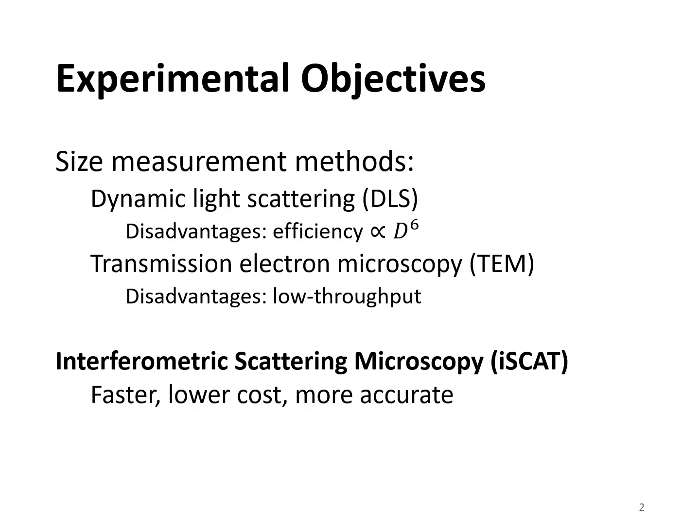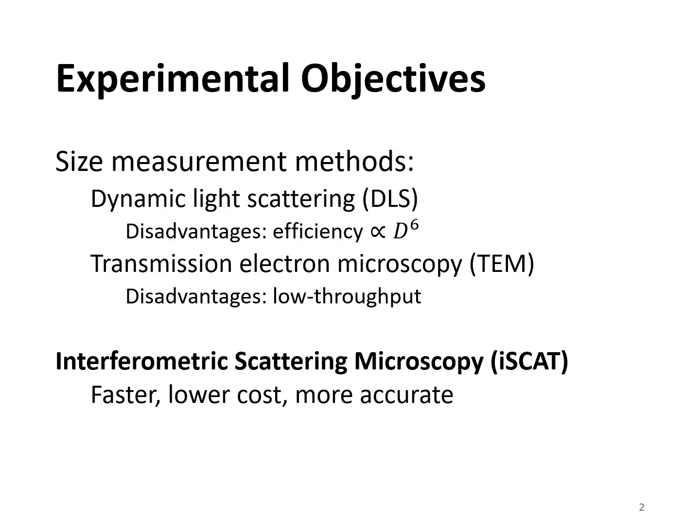Currently, commonly used methods for measuring size include dynamic light scattering (DLS) and transmission electron microscopy (TEM). However, DLS has limitations when measuring particles smaller than 20 nanometers, as its signal strength is proportional to the 6th power of the particle diameter.